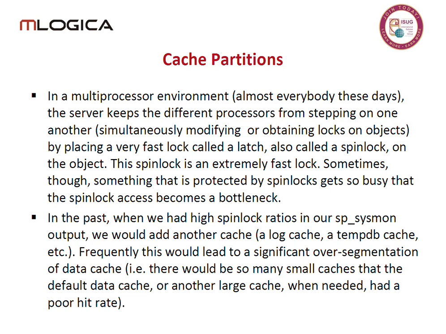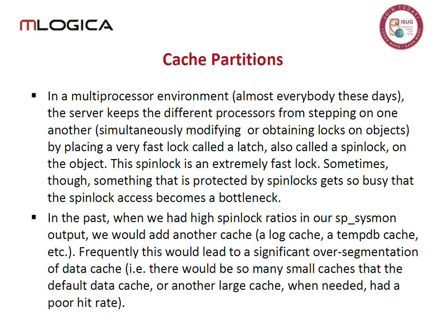So with the implementation in late 12.5 of the ability to partition the caches, the need to create additional caches is minimized, because if we're not getting spin lock contention, there's no reason not to leave everything in default data cache, particularly if you're getting your high cache hit rates.